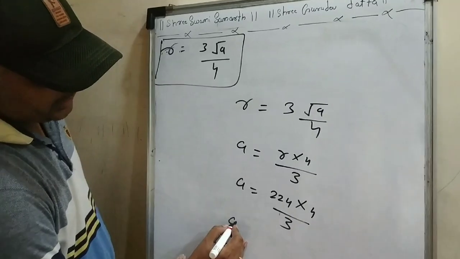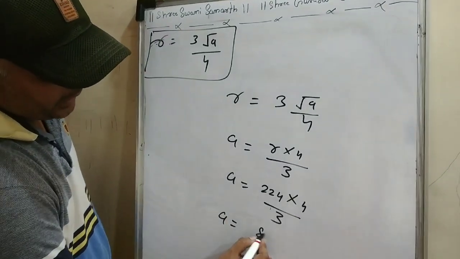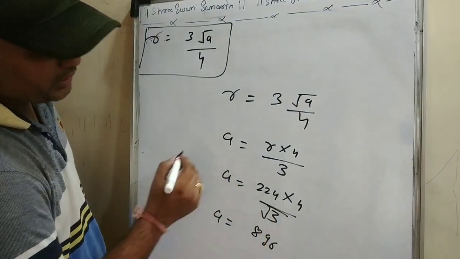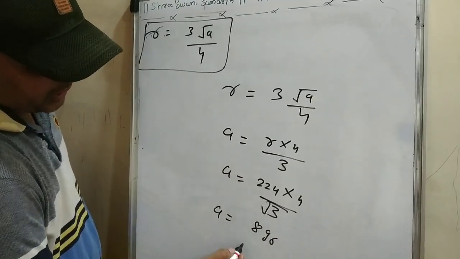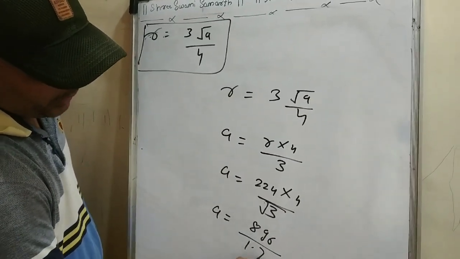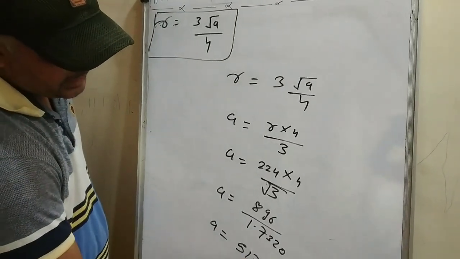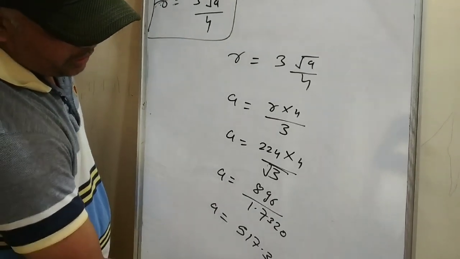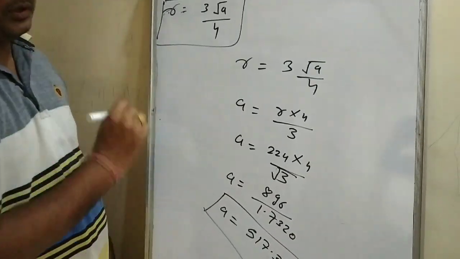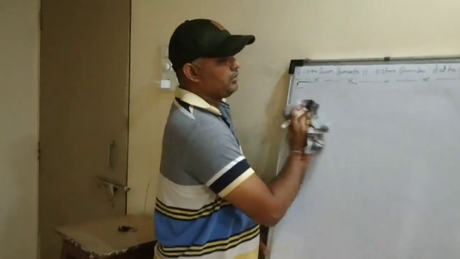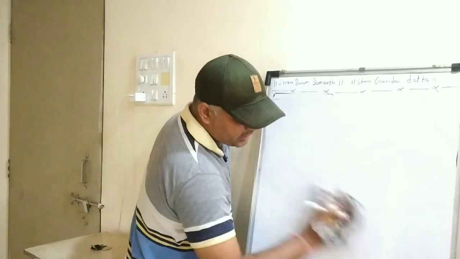Then A is equal to 896 by root 3. The value of under root 3 is 1.7320. Value of A will be something like 517.3 picometer. Right? I hope that you have understood this problem.